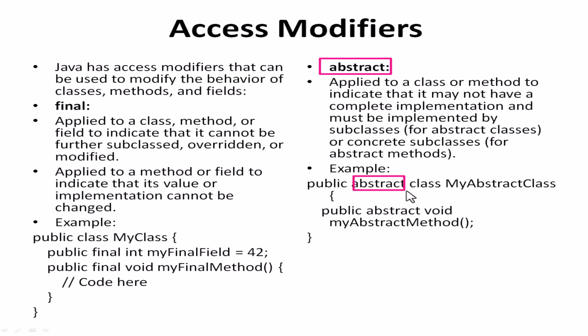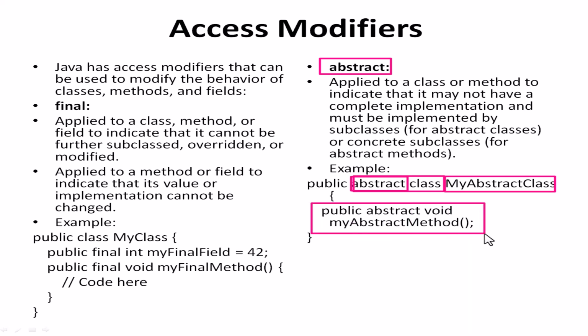For example, we have declared a class, and before the class you have applied the keyword abstract. The name of the class is MyAbstractClass. Inside the class you declare the particular method.